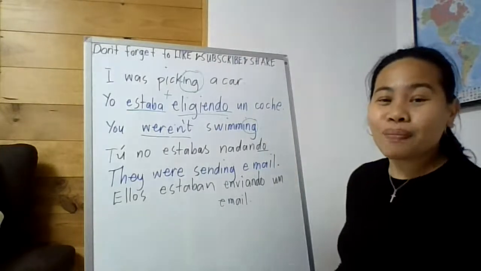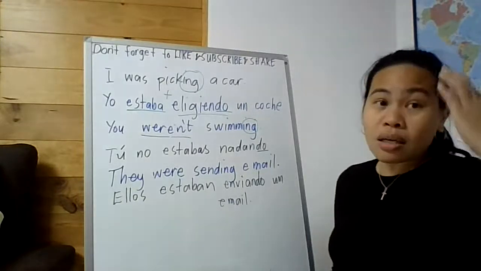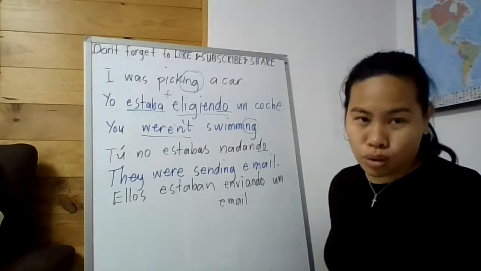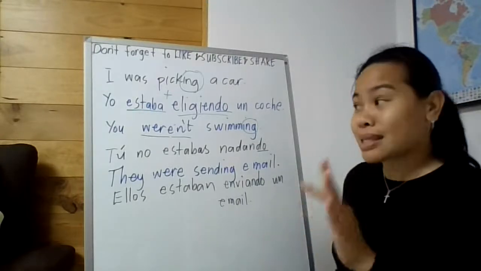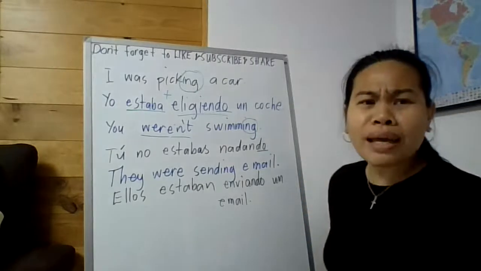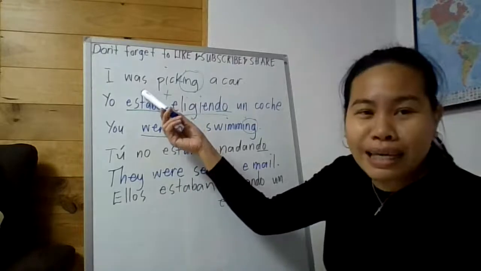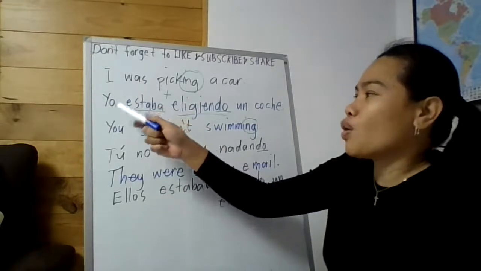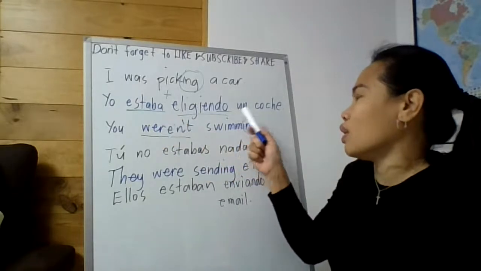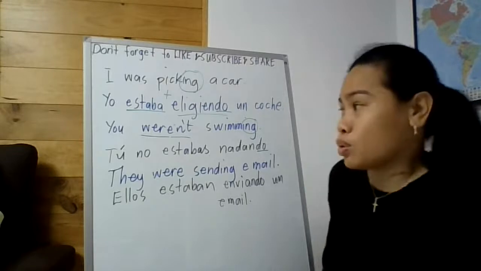Okay, so actually, Rob, I discussed the continuous action. El pasado continuo y el presente continuo. So I have a suggestion. Why don't you make this in a present continuous? For example, yo estaba eligiendo un coche. How will you do that in present continuous?